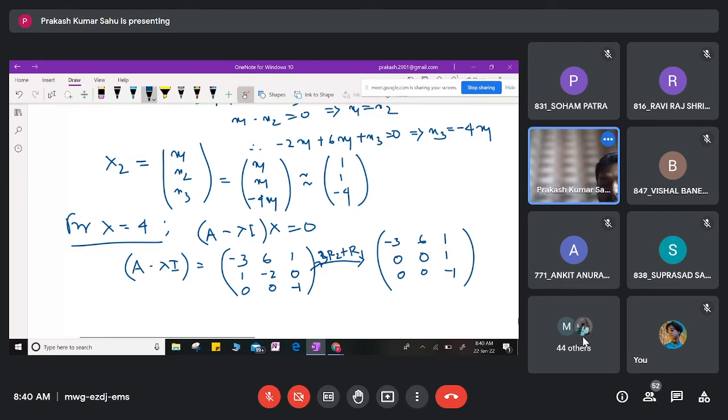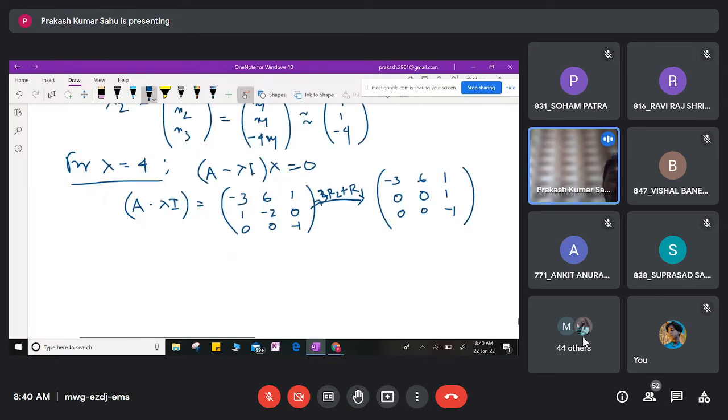So now from this equation you can write -3x1 + 6x2 + x3 is equal to 0. Okay, and your x3 is equal to 0.